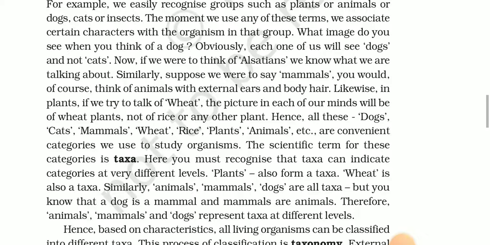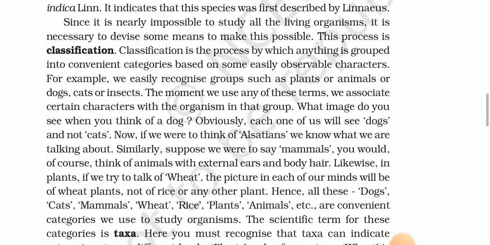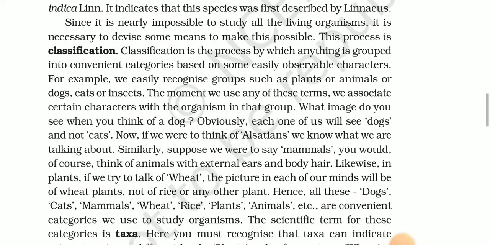So what they are saying in that paragraph is that we have many millions of organisms present on the earth, and to study all of them individually is nearly impossible. So we must find some means to group these organisms into different categories based on some easily observable characters, and that process of grouping is called classification. When we think about animals, among these animals there will be mammals.